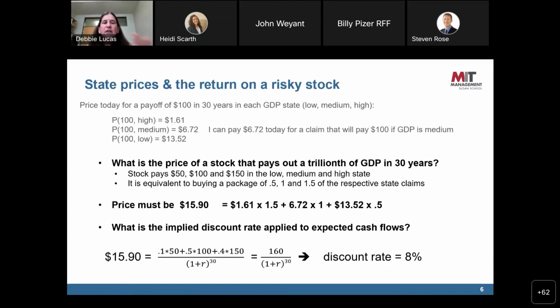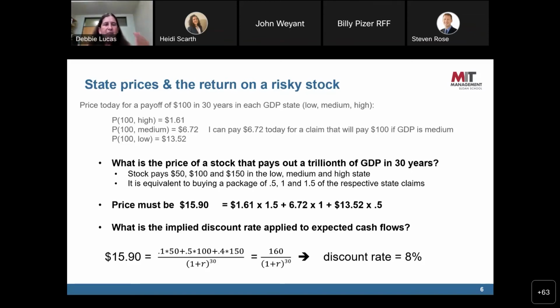Okay, so you could also imagine that you're trying to price something like a stock, where that payout in 30 years is not going to be a constant as it is for a bond, but rather that payout is going to be positively correlated with the value of GDP, because we know stock returns will be higher if the economy is good, they'll be lower if it's bad.